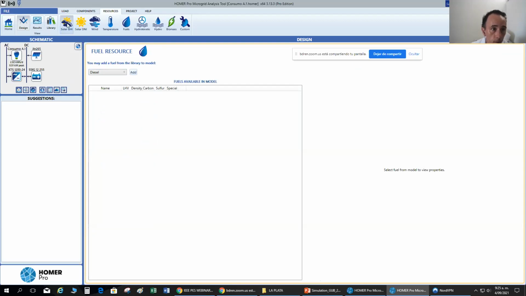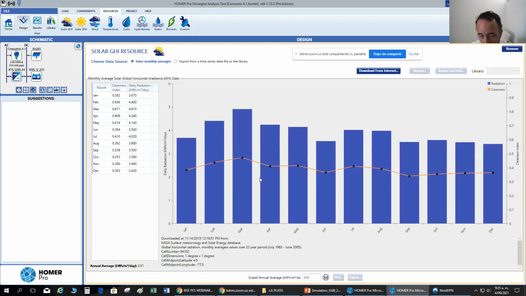In this case, we decide to work only with solar. So we download the solar resource and begin to look for components in that part of the software.